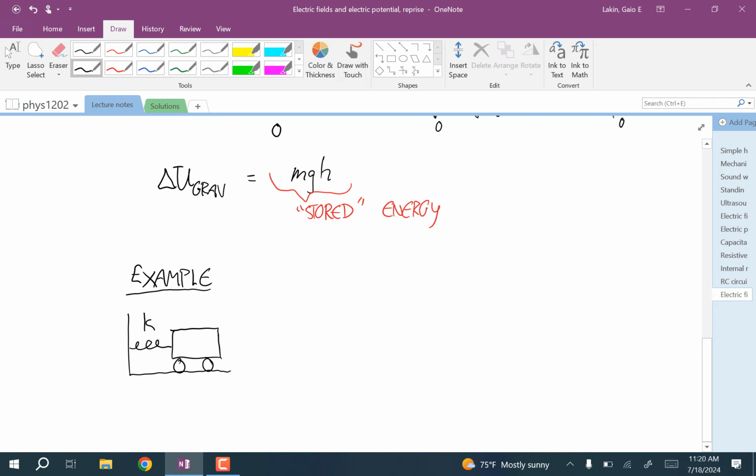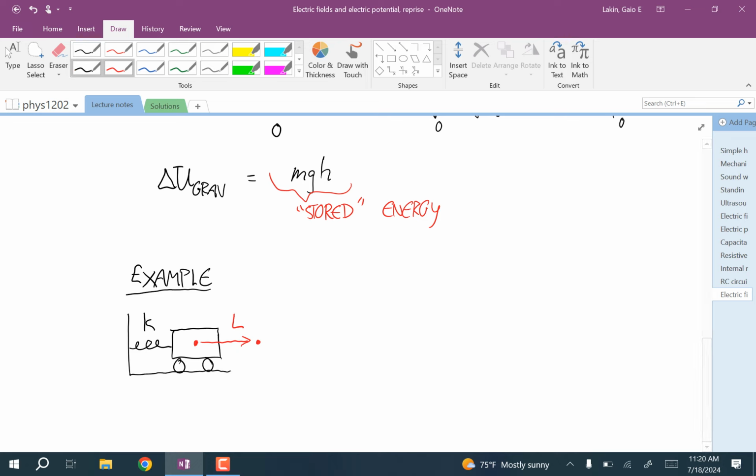But the spring has a constant k. And let's say that we start with this object at its equilibrium position and then move it to a location L. So you start at the equilibrium position and then stretch this spring out a distance L.